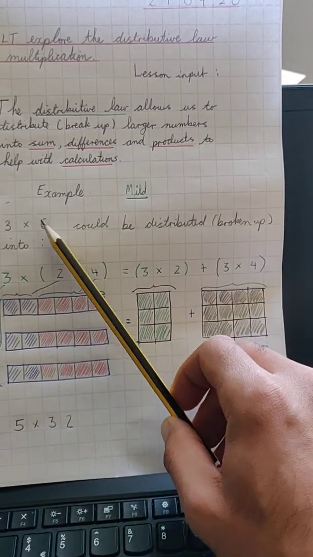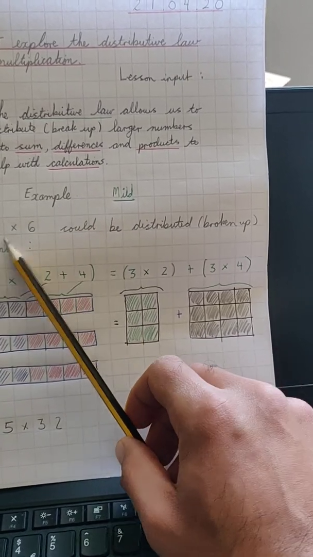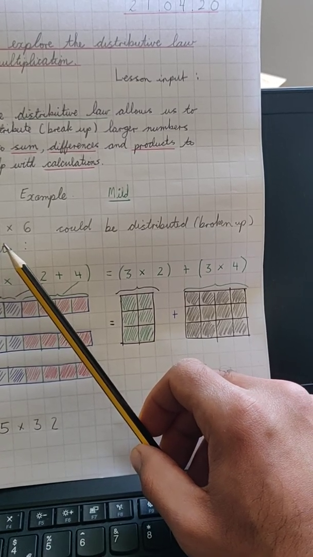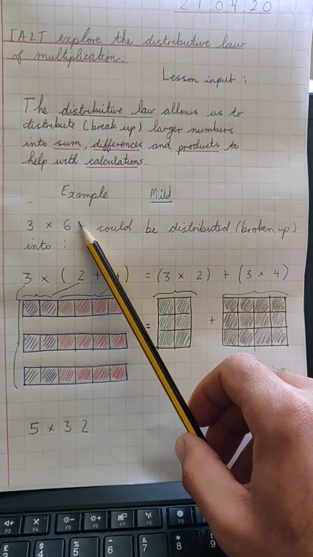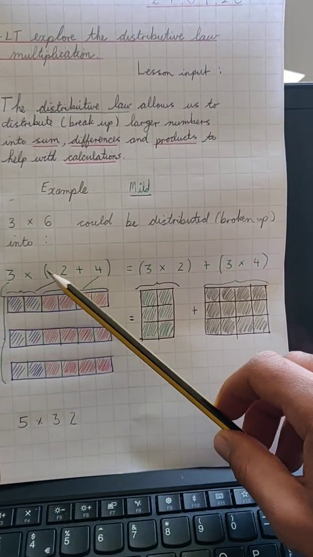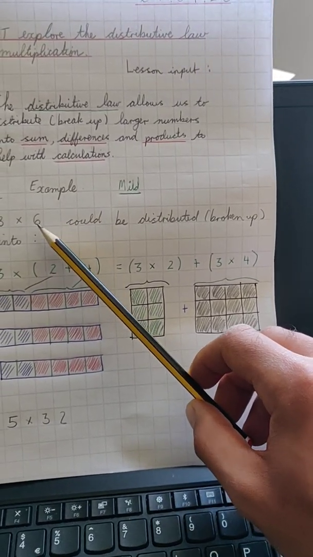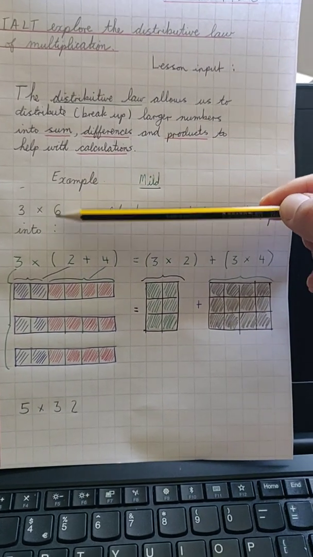In this case, 6 is my larger number, but I can select either or. It doesn't really matter. But let's go with our larger number, which in this case is 6. Now I'm going to break it up. So I have 3 here, and I'm going to break up my 6. Again, for some of you, this may look quite familiar, and it is partitioning.